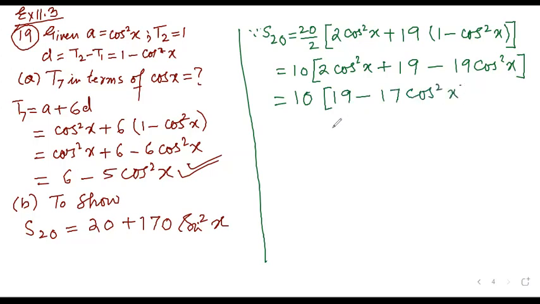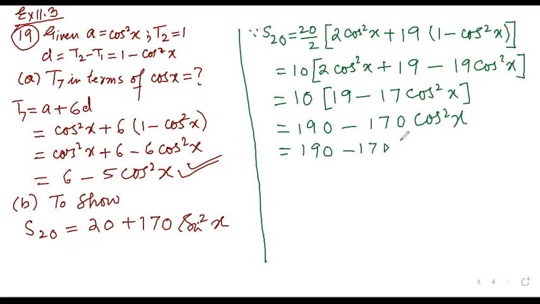Now we multiply 10 with 19, will become 190, and 170 cos square x. But we have to give the answer in terms of sine. So we can convert this: 190 minus 170 cos square x, where cos square x is equal to 1 minus sine square x.